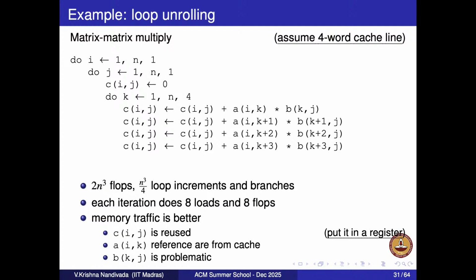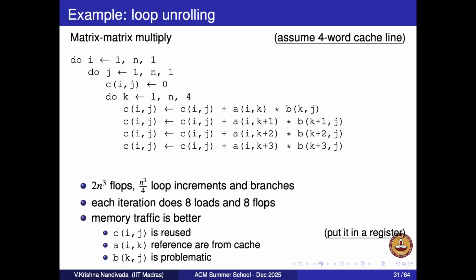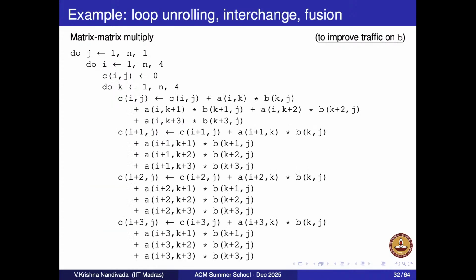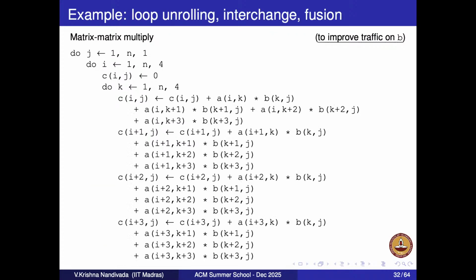Okay. Now let's see what we can do for B. I will do a bunch of things. I wanted to do it step by step on the board, but maybe not. Look at this way. This I and J, I interchanged. After interchanging, I unrolled the I loop 4 times, and the 4 iterations of I I pushed inside.